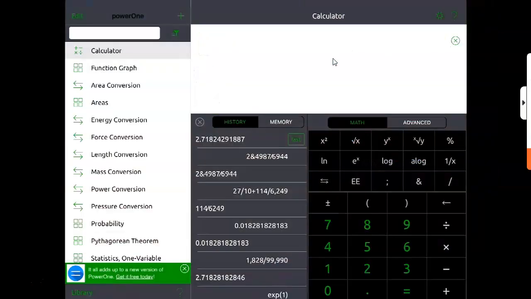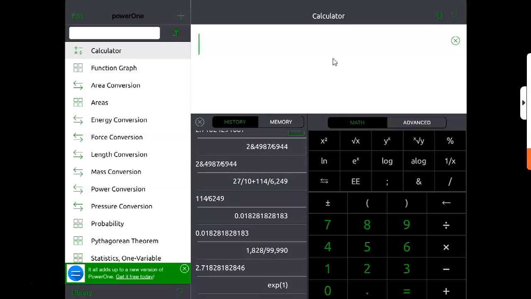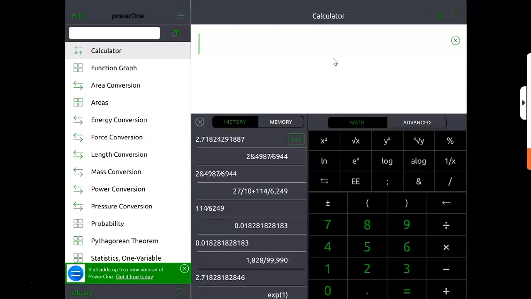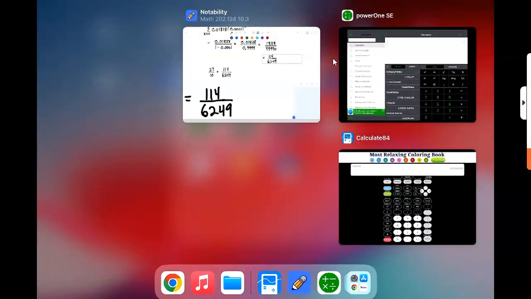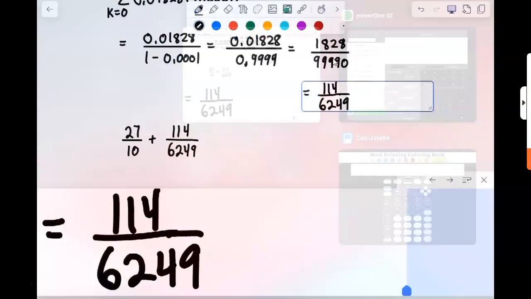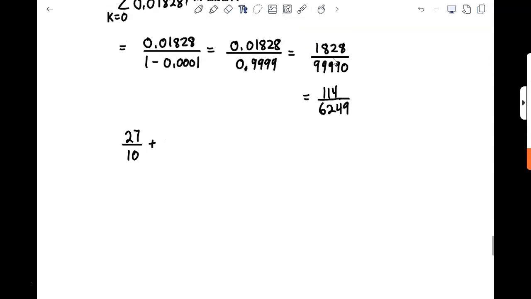Why would you lie to me like that? 114 over 6249, that is not what it is. I'm sorry. I was relying on this calculator, and it's not working. That is incorrect. It's simplifying stuff and giving me something that's just not true.